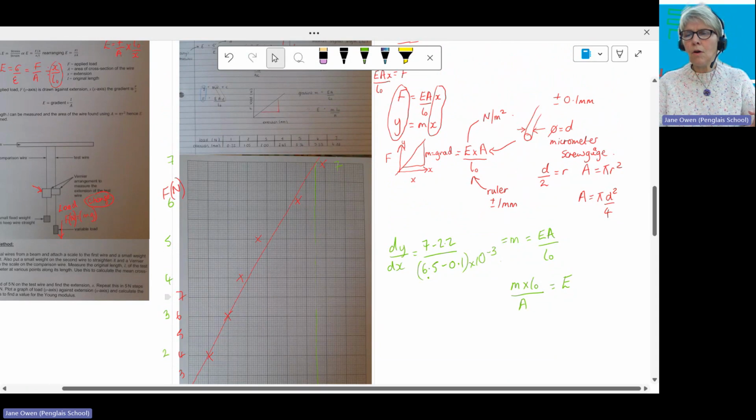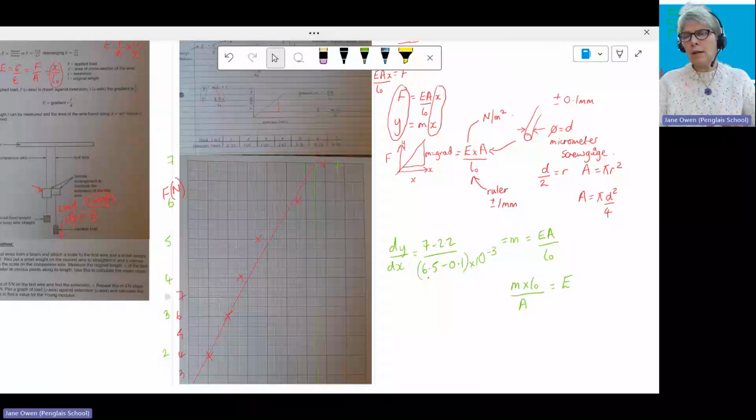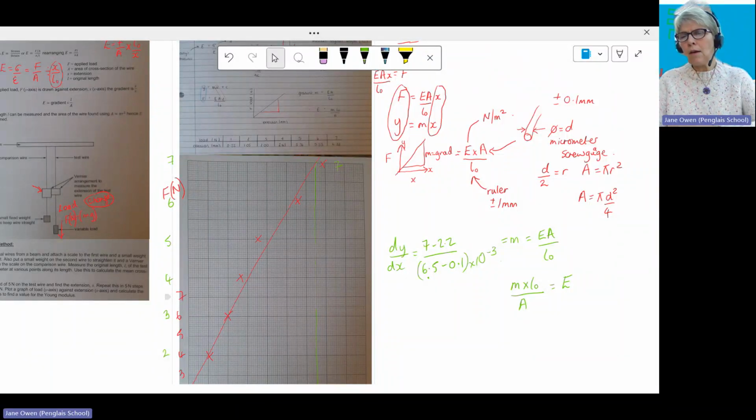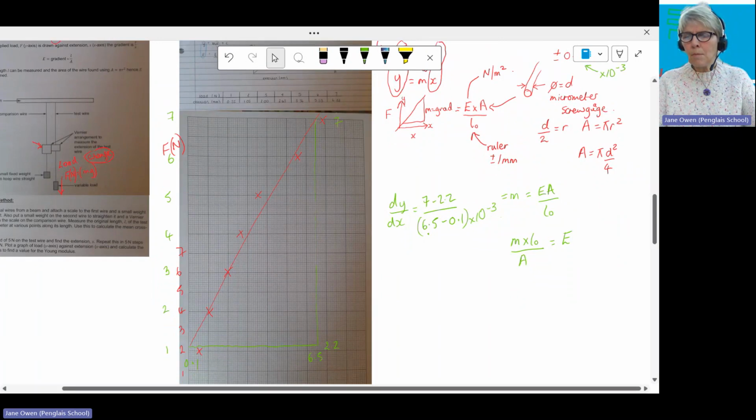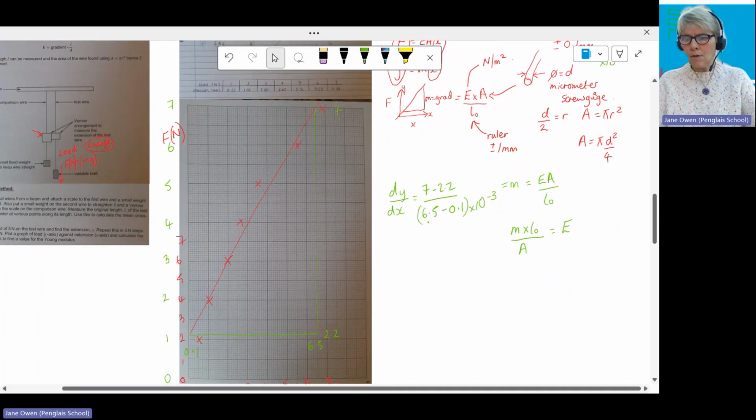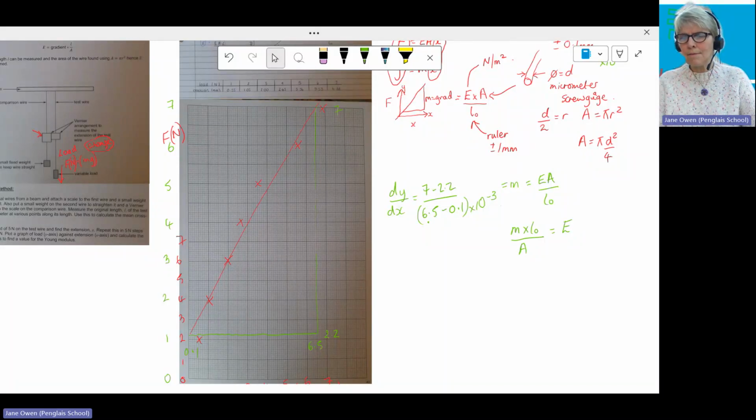So make sure that before you put that reading of the diameter and divide it by 2, you take forward the conversion into meters, i.e. that's going to be times 10 to the minus 3. And it should come out as a very, very big number for this Young's modulus. This Young's modulus being for copper, it'll be in the order of like 10 to the 7.